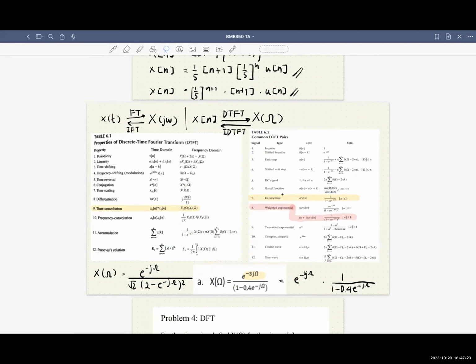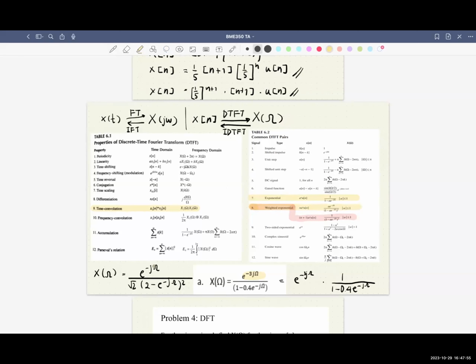I'll give you a hint, we should look at table 6.2. Okay, I think I can just help point to it here. Oh wait, I got some chat. Right, exponential. Oh wait, exponential, okay. Yeah, thank you, yes, it is the exponential.